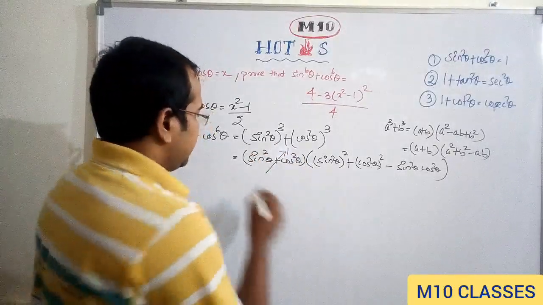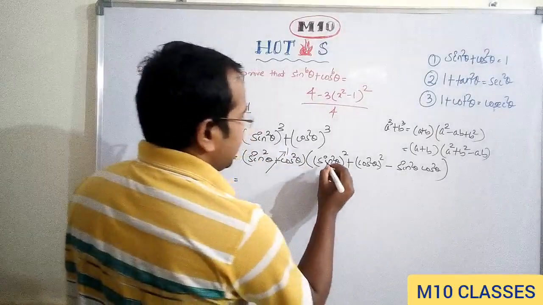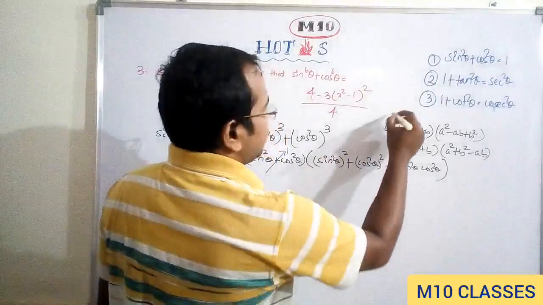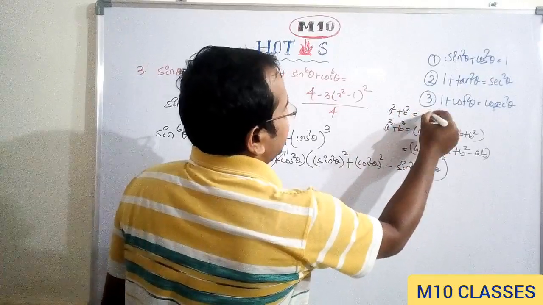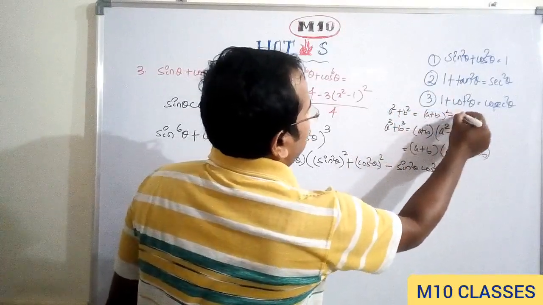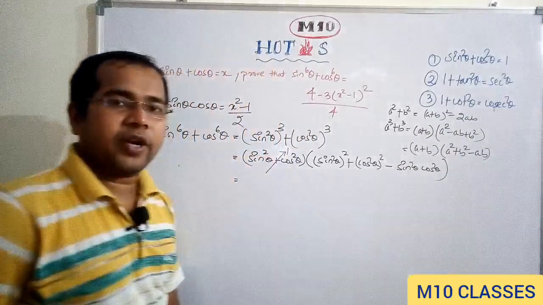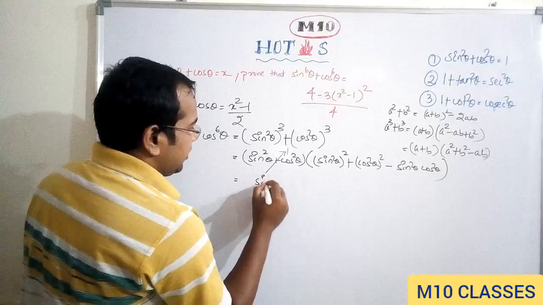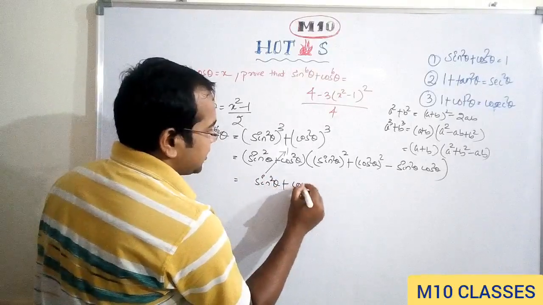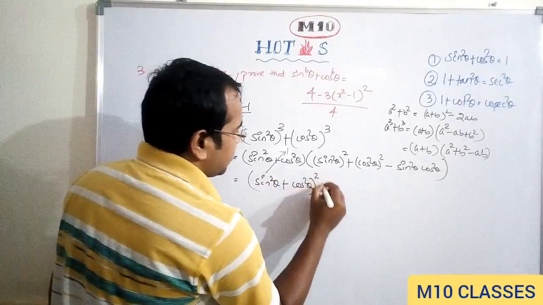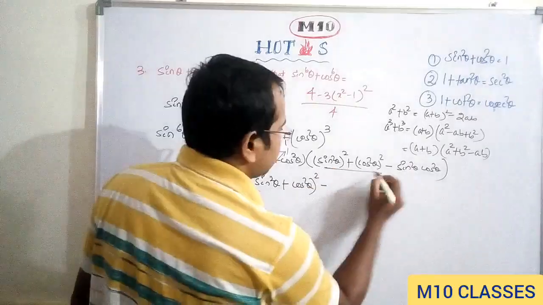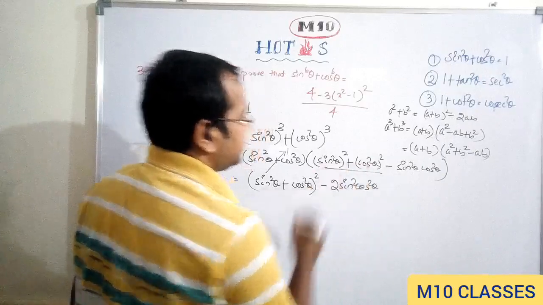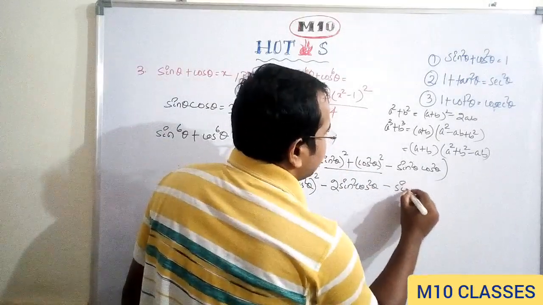Now, see here. This is in the form of a square plus b square. And what is a square plus b square? It is a plus b whole square minus 2ab. So if I put it here, a plus b whole square, you will get sin square theta plus cos square theta whole square minus 2ab for these values, that means 2 sin square theta into cos square theta. Again you have sin square theta into cos square theta.